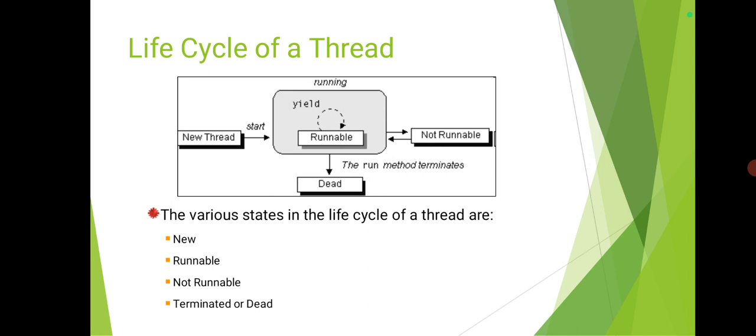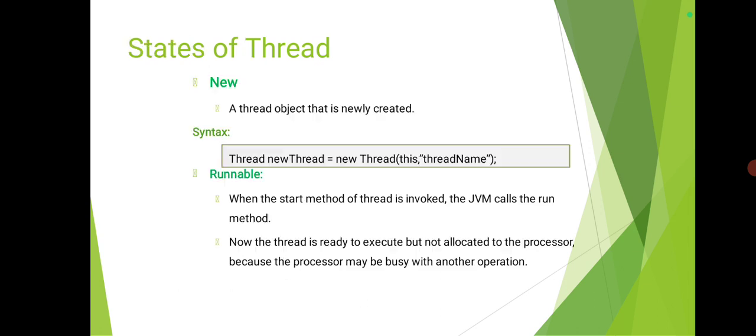So here we have some states, defined as the runnable state and the not runnable state. In the not runnable state, it has some methods like wait, resume, and suspend. The last state is the dead state, after complete execution of a thread.